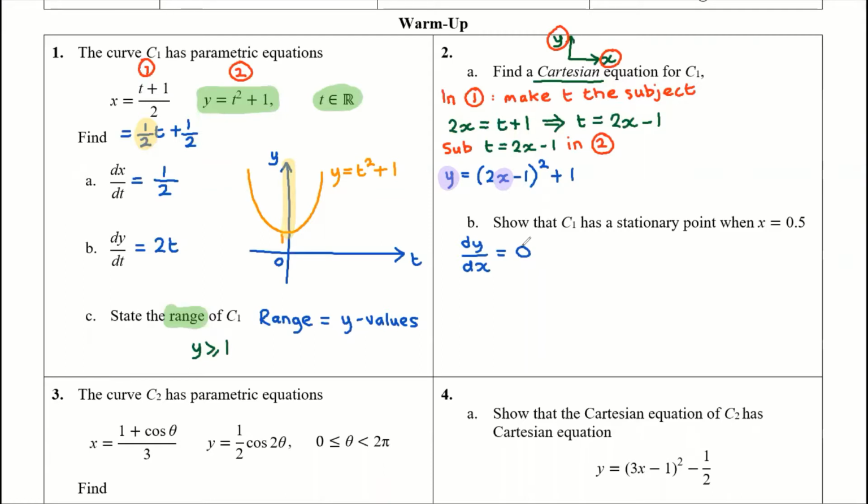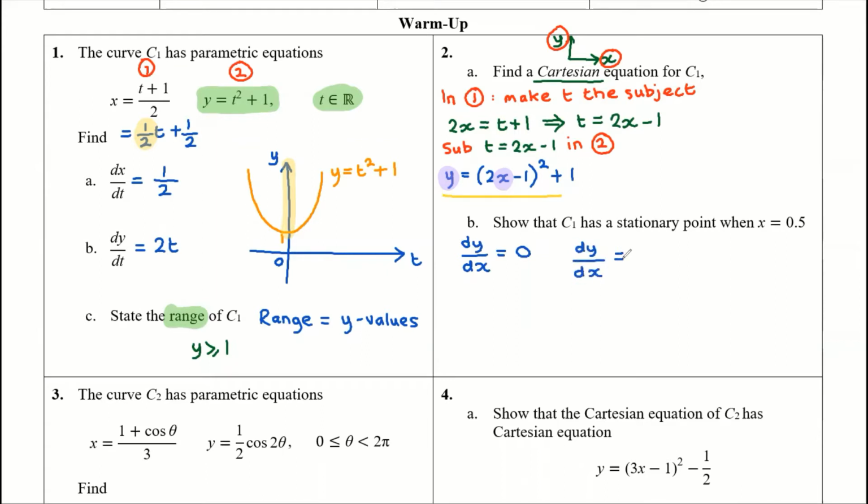If we just go for dy by dx directly, using what we've just worked out here, we should be able to do that. So you can either expand the whole thing, or we can use the chain rule. So I think I'm going to use the chain rule here. We're just going to do it really quickly. So we've got dy by dx.